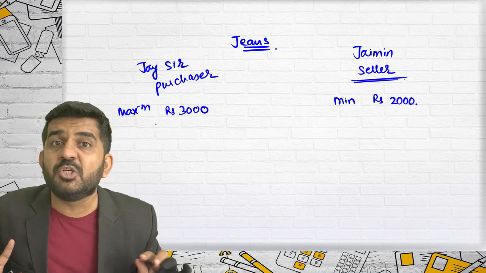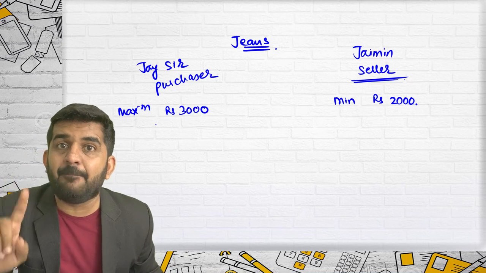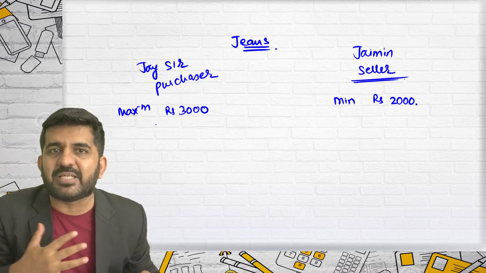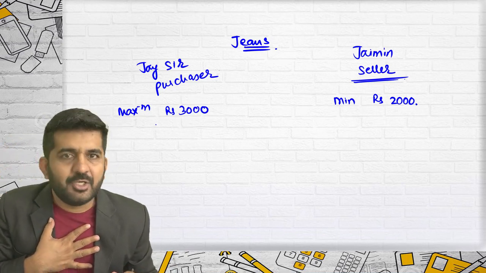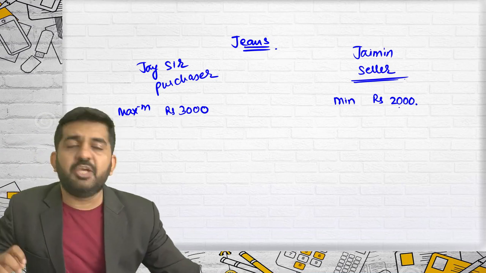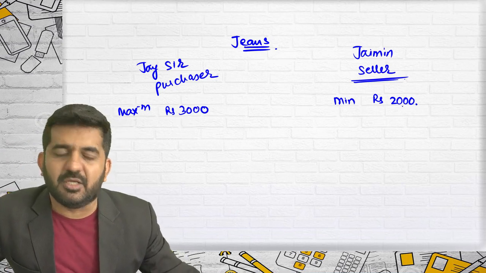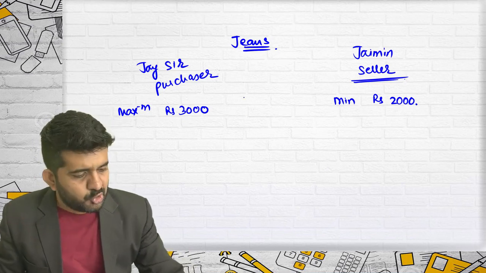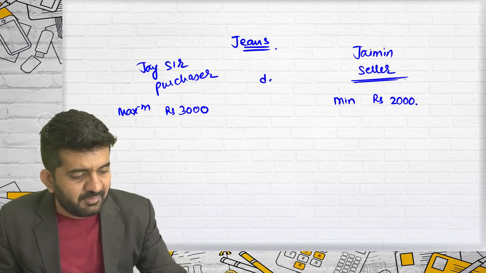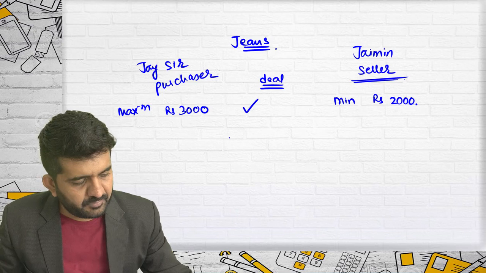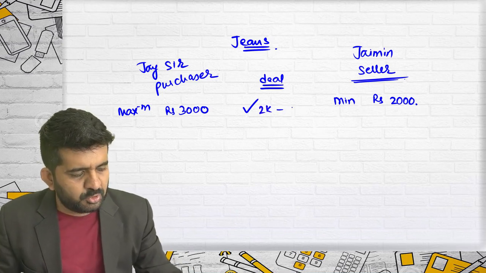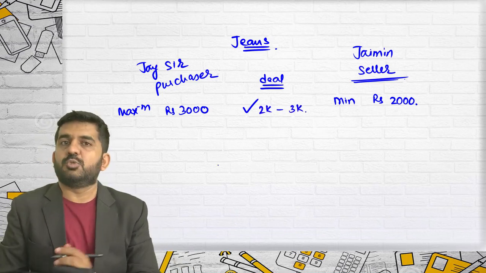Now we are negotiating. Will the deal happen? The answer is yes, because I am maximum ready to pay 3000 and Jaimin minimum wants 2000. Correct. So the deal will happen between 2000 to 3000.